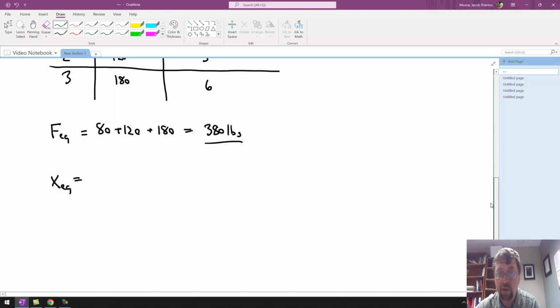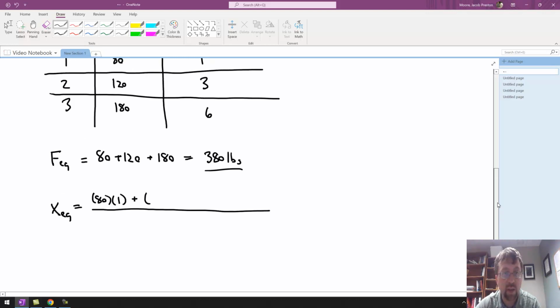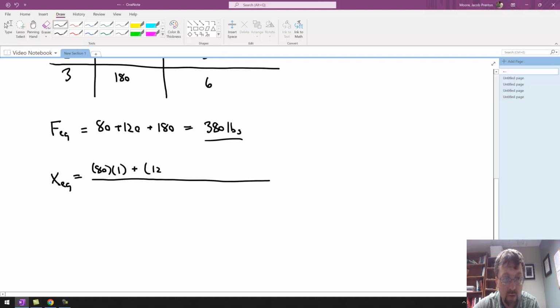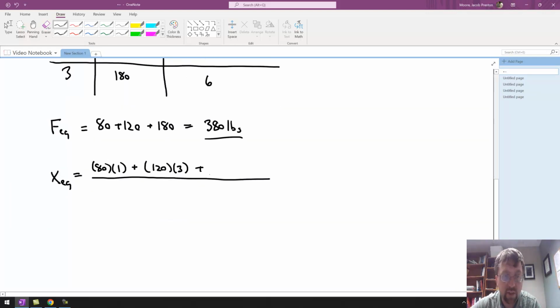Divide that by the overall area, which we already calculated, that's just 380.